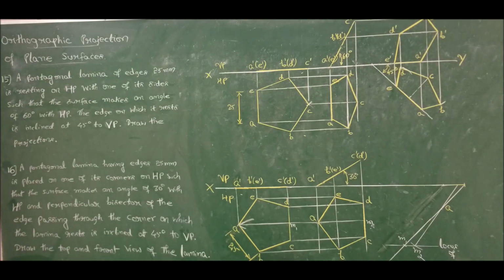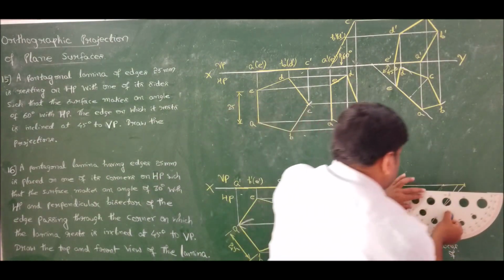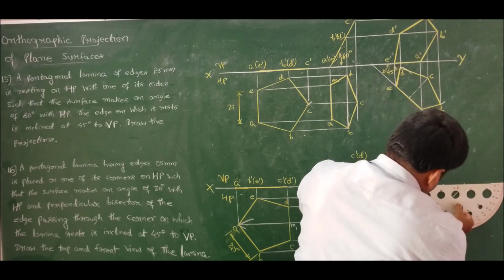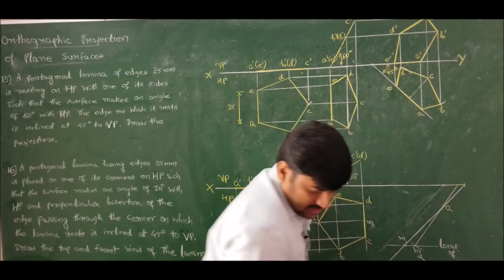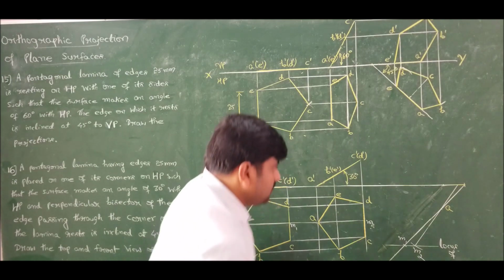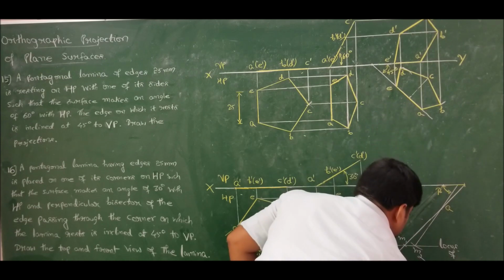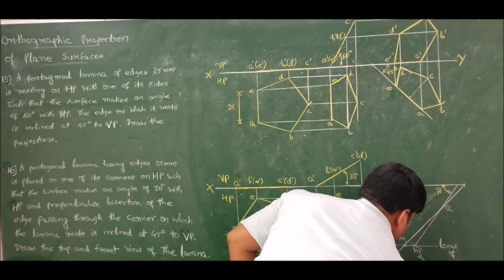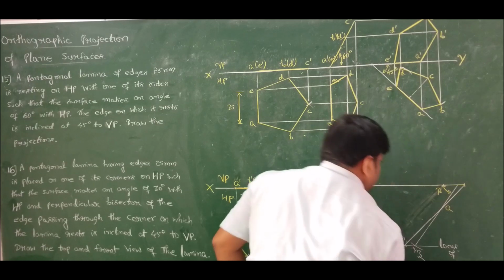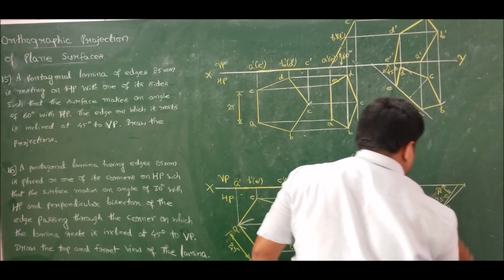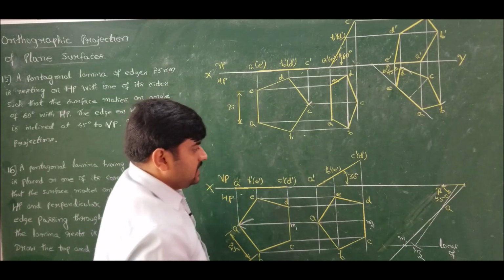Now measure how much is the angle. Here you keep it and measure. So I am getting beta angle as 55 degrees. Beta angle is calculated as 55 degrees.